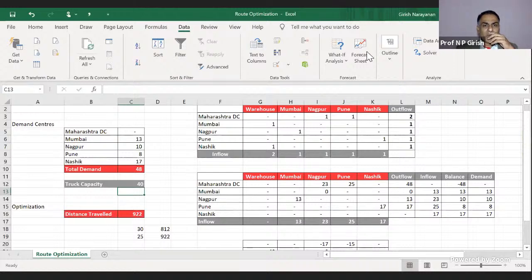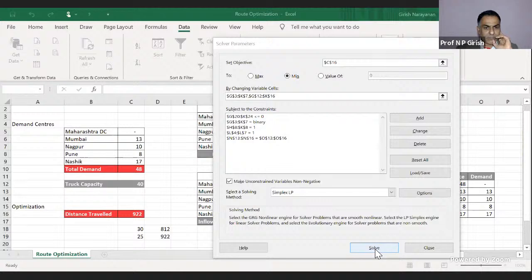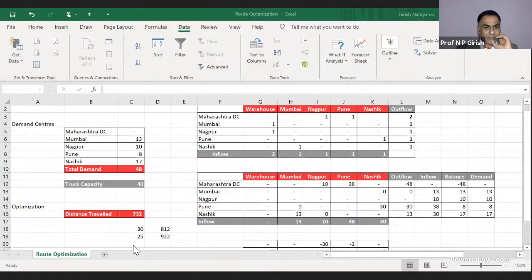Well, logically it doesn't look good, but let's see. Wow, interesting. 40 is better. Do you see that? 40 looks better. Why?